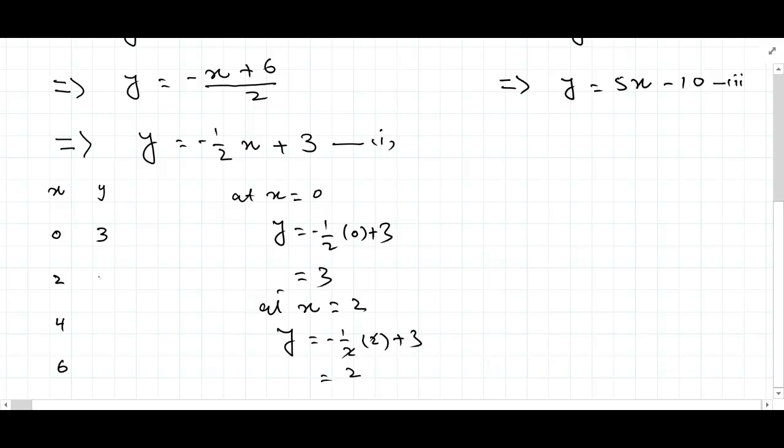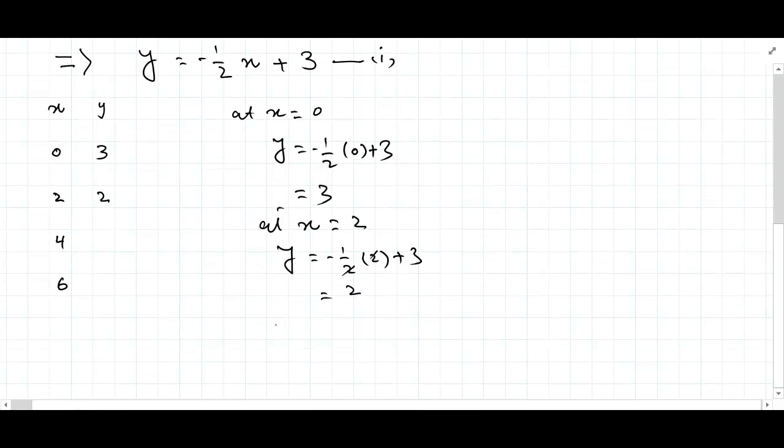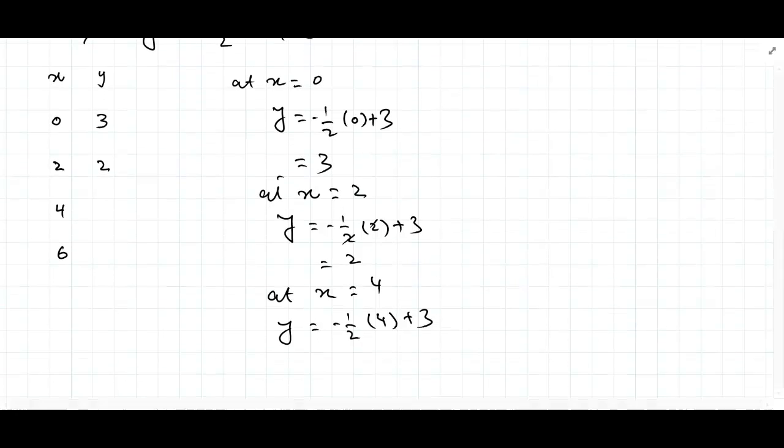If we do one more, at x equal to 4, y is equal to minus 1 by 2 times 4 plus 3. That is equal to minus 2 plus 3.